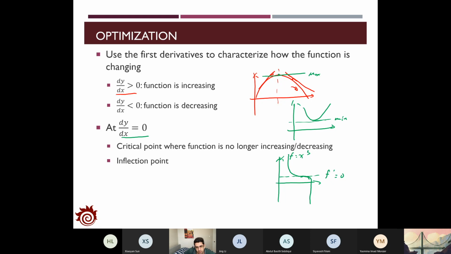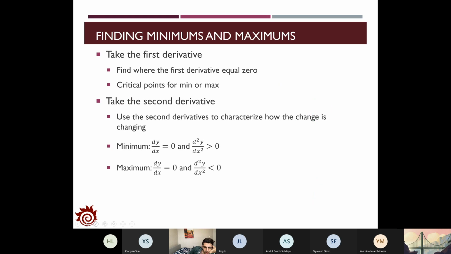So in order to further identify whether this point is the maximum, the minimum, or the inflection point, we need the second order derivative. With the first order derivative, we find where the critical point is; it could be a minimum, maximum, or inflection point.